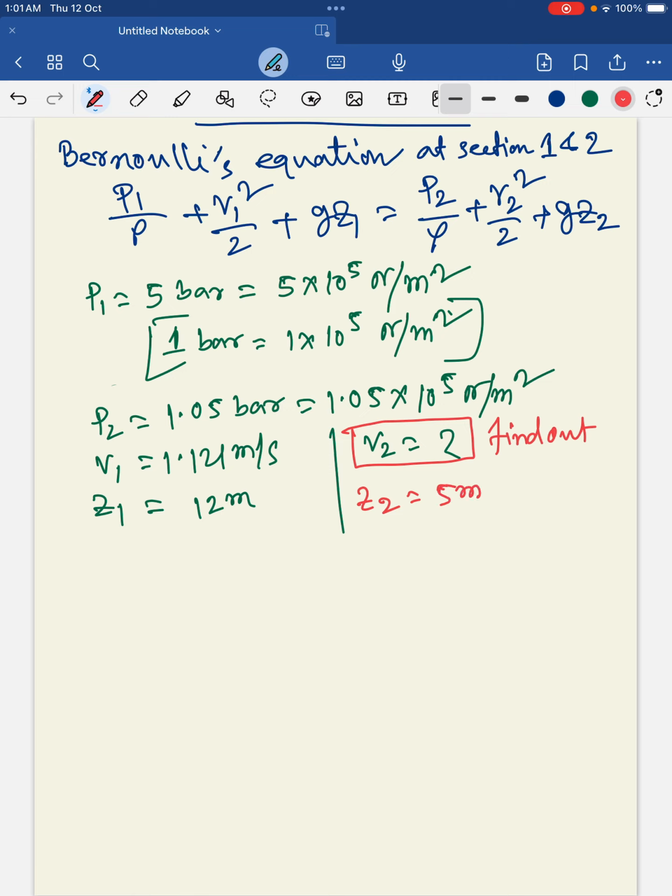Now we plug in all these values. So that will be P1 value, 1 into 10 to the power 5, by rho. Water is the fluid, so water density is 1000.